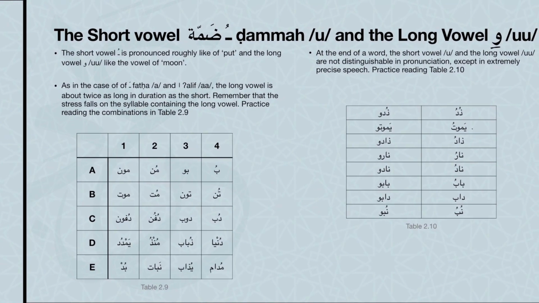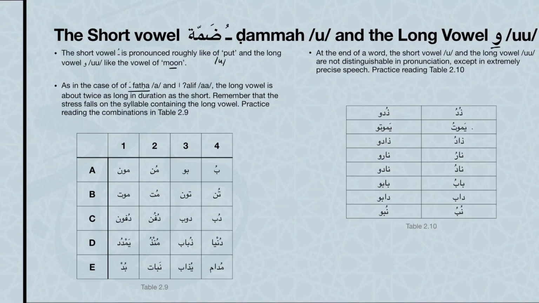Basically, we've said before that the short vowel u is pronounced roughly like the oo sound of put, and the long vowel like oo, the vowel of moon or boon.